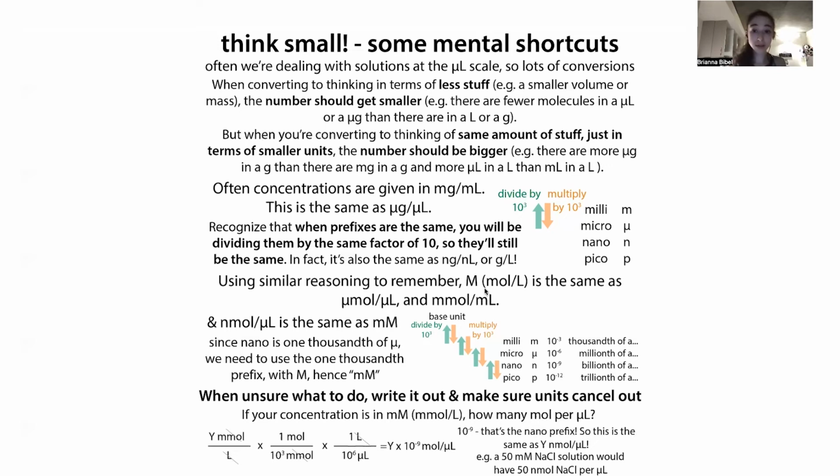So molarity, moles per liter, is the same as micromolar per microliter and millimolar per milliliter. And we can even do things when they're different units. Nanomole per microliter is actually going to be the same as millimolar. Where did we get this? Well, nano is 1,000th of a microliter, so we need to use the 1,000th prefix with our molar, and hence we write millimolar.